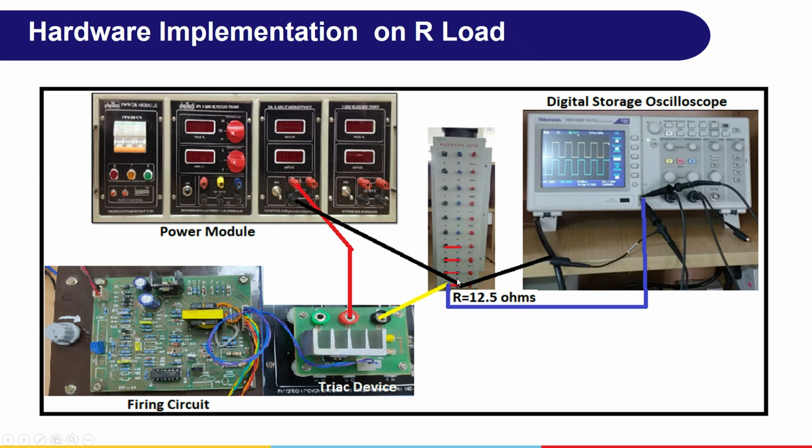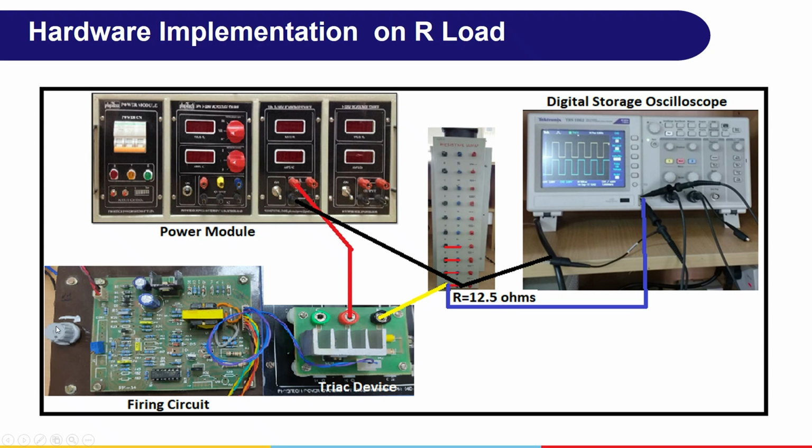Now the load between black and blue is 50 ohm. So four 50 ohm resistors connected in parallel give an equivalent value of R equal to 12.5. The other terminal is given to the supply neutral terminal. Across R we will measure the output voltage.